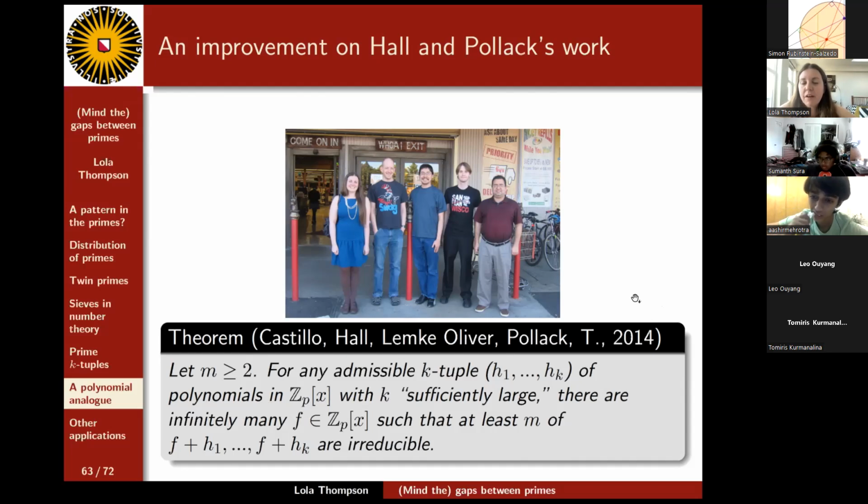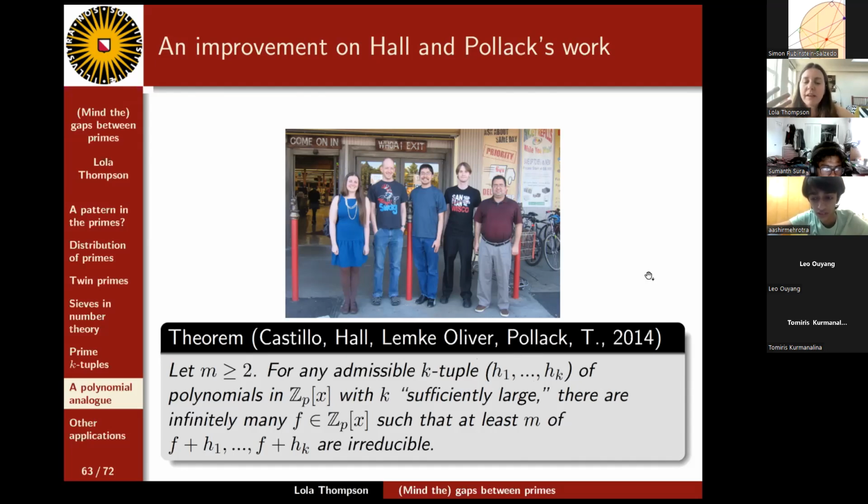And if we have a sufficiently large integer k, just like the Maynard and Tao result, then there are infinitely many polynomials f living inside Z_p adjoin x, so that at least m of the polynomials f plus h_1 through f plus h_k turn out to be irreducible. The important thing to notice is we're not just getting numbers as gaps between polynomials, we're getting actually polynomials as gaps between polynomials.